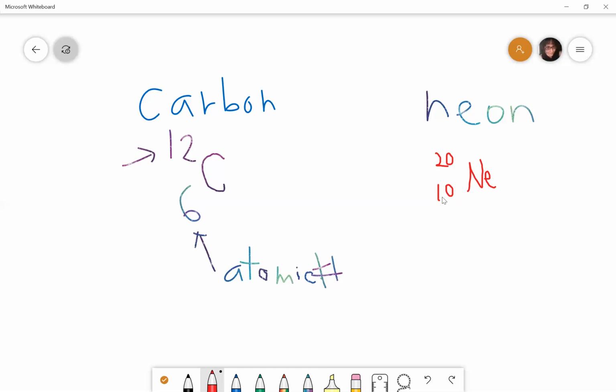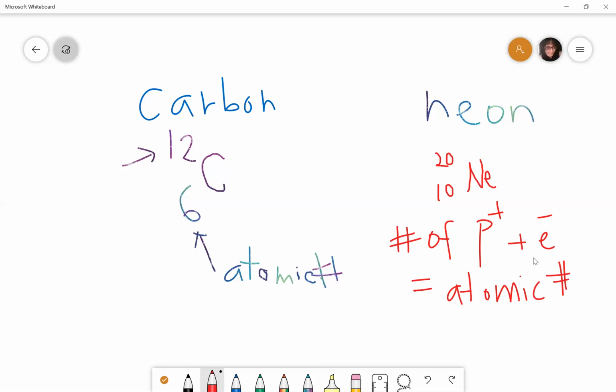Remember that your number of protons and number of electrons are the same as your atomic number. Okay? So, we're going to note that down. Your number of protons and electrons are the same as your atomic number.